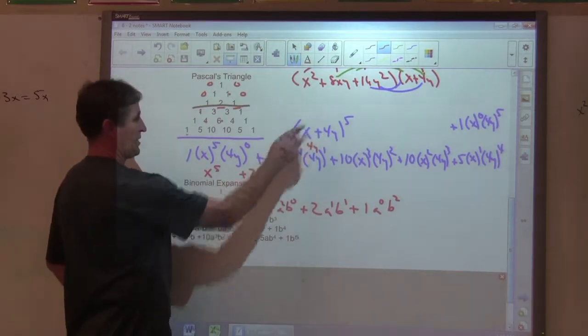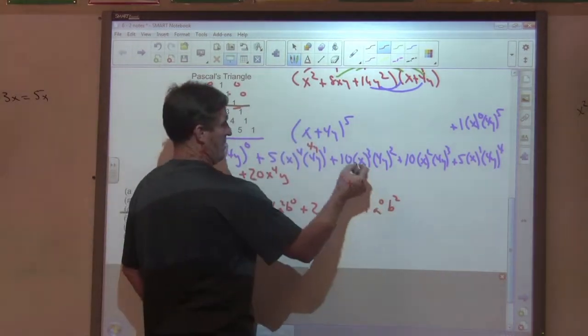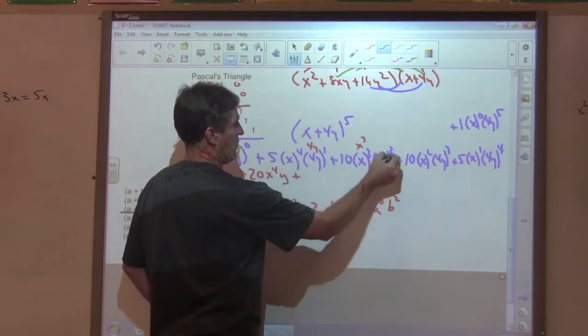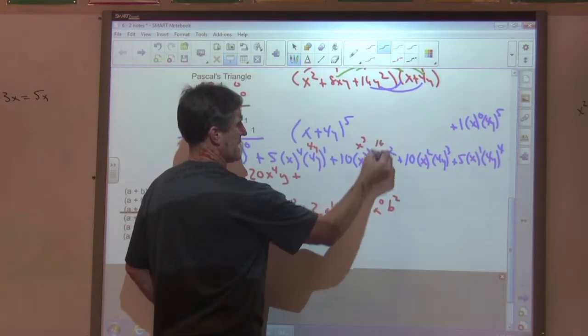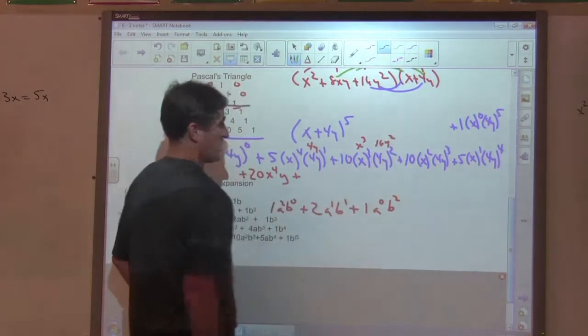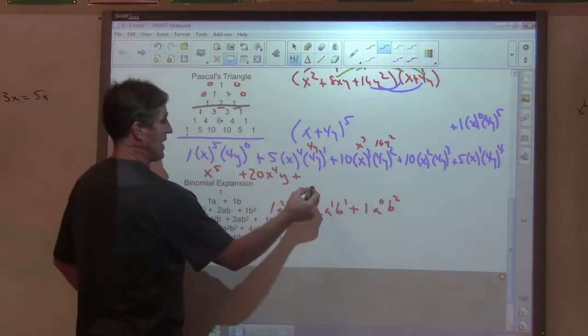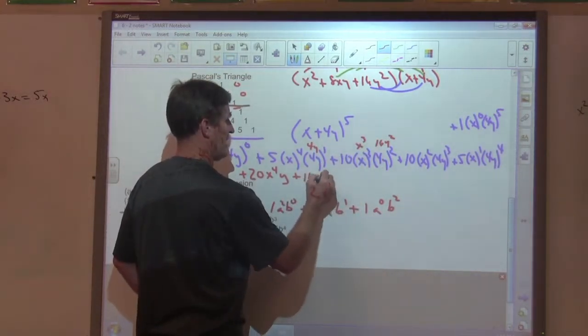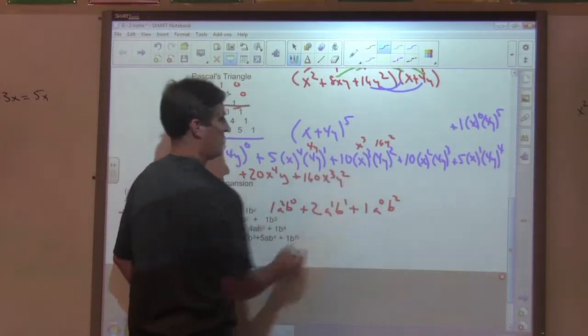Again, these will add up to the 5. Then we have, this is 10, x to the 3rd, 4y to the 2nd, 4 to the 2nd is 16, y squared. And so now we get 10 times 16 is 160, x to the 3rd, y squared.